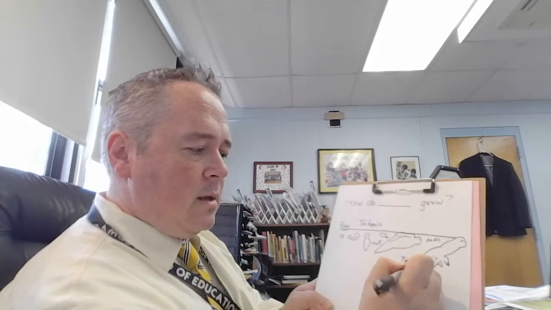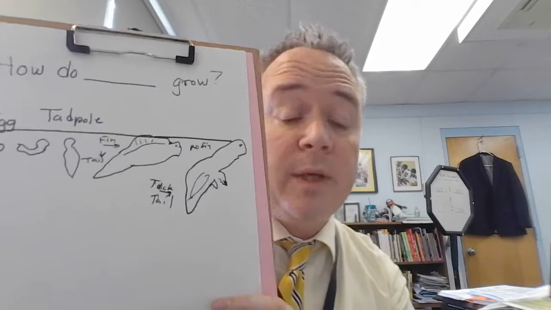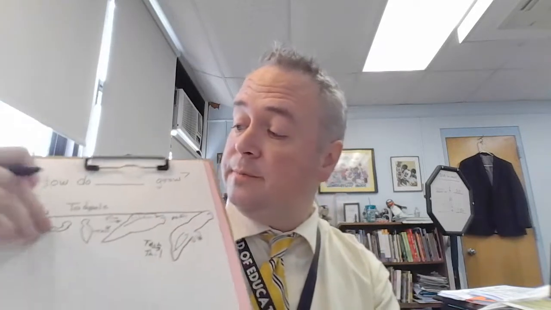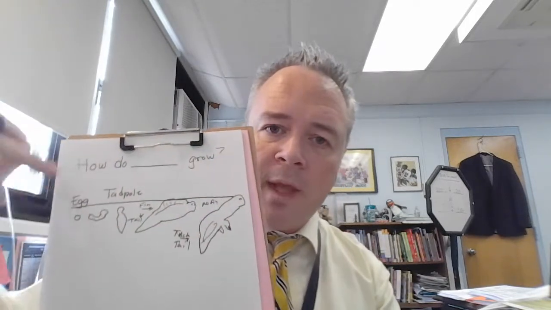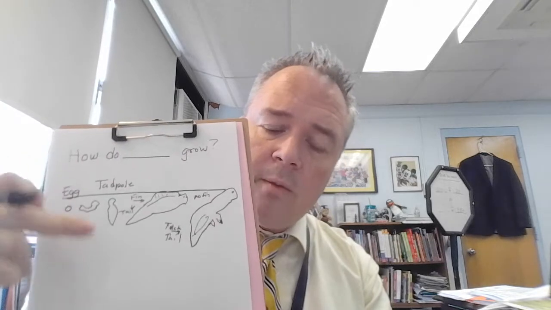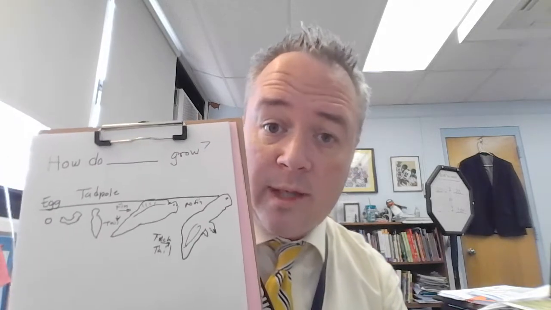And now there's no fin. So I'm going to write no fin. It's got a thick tail. You see what I'm doing? I'm not done yet. The frog is not all grown up. But you see how I'm using a timeline and I'm writing words and I'm sketching what he looks like?